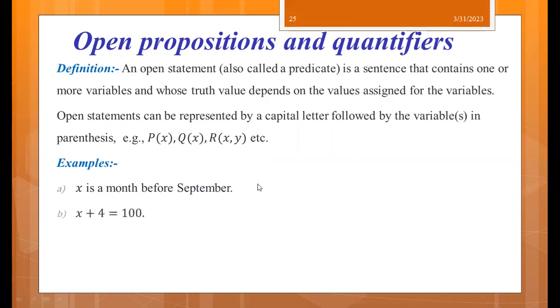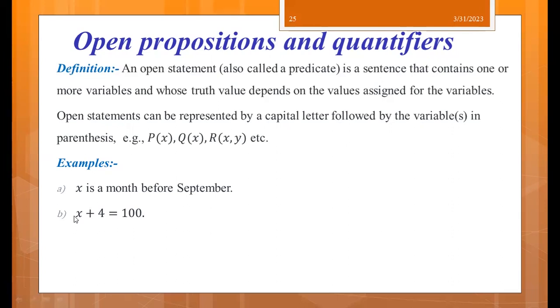Next is x plus 4 is equal to 100. This is another good example of an open proposition. Its truth value depends totally on the value that replaces the variable x.